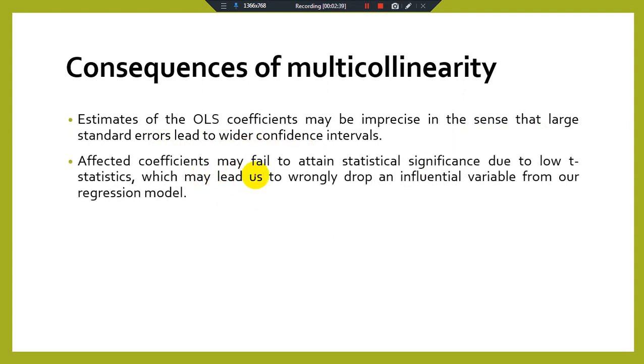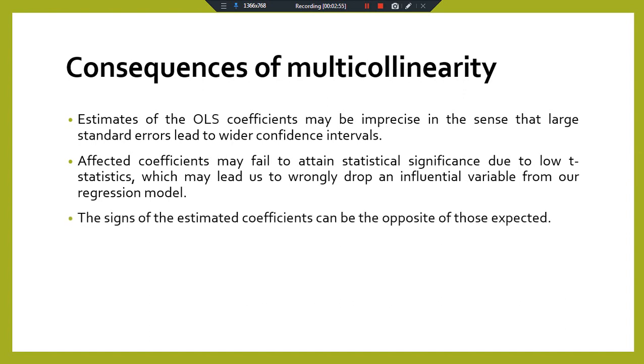Affected coefficients may fail to attain statistical significance due to low t-statistics, which may lead us to wrongly drop an influential variable from our regression model. The sign of the estimated coefficient may also be opposite of what we are expecting.